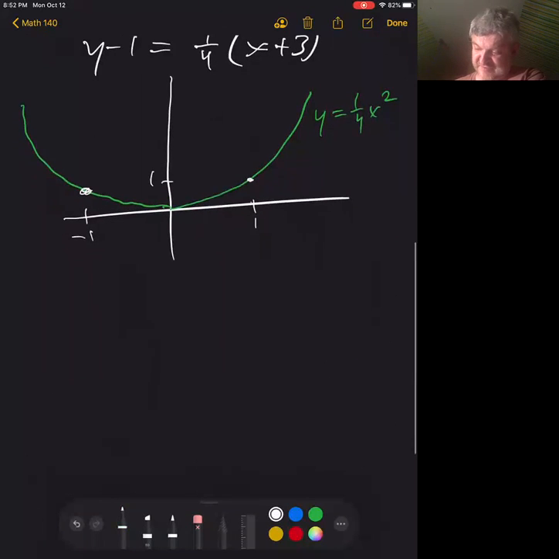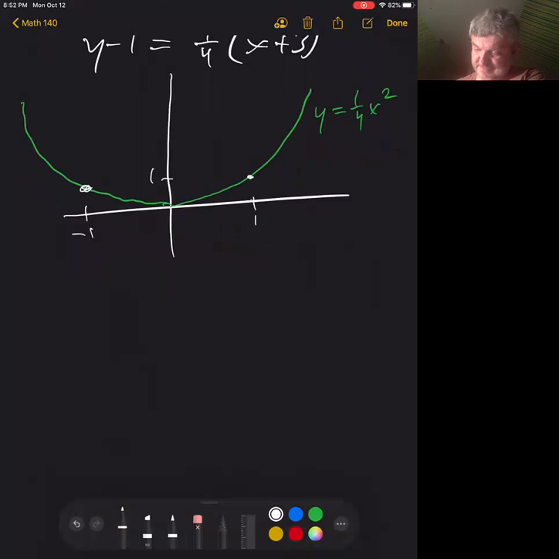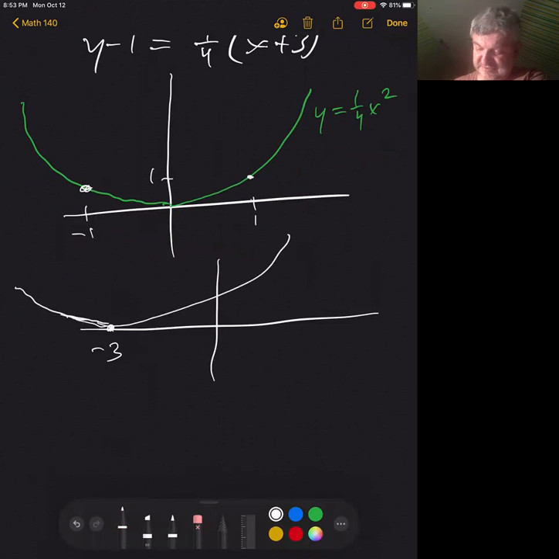So we better make a new sketch here. That green graph gets shifted over, and it's now touching the x-axis when x is -3. I'm going to go with white. And it looks like this now. Far out left. y is 1/4 times x plus 3 quantity squared.